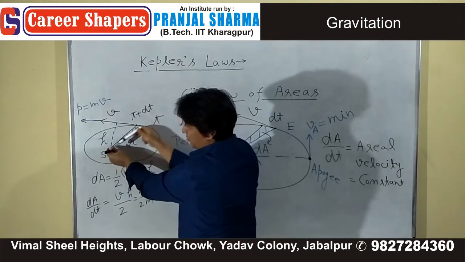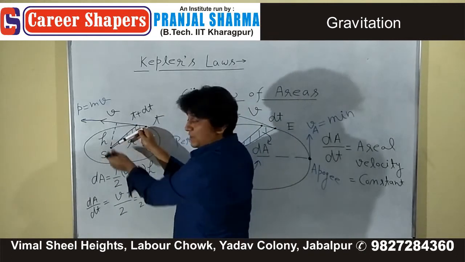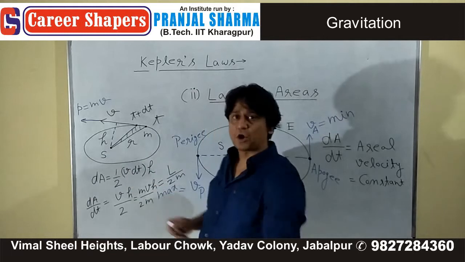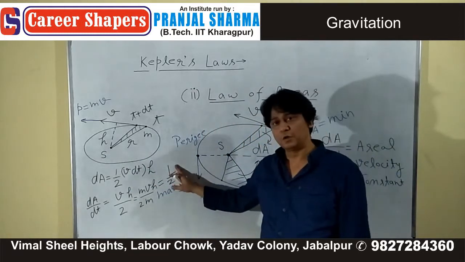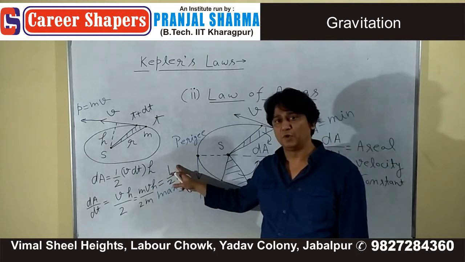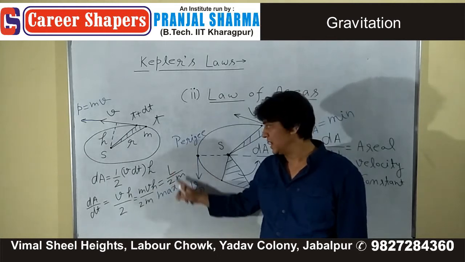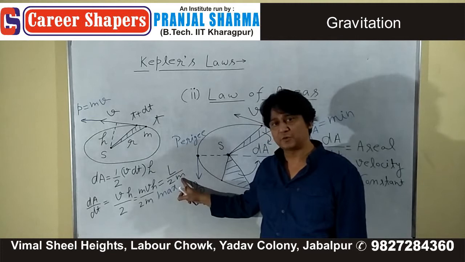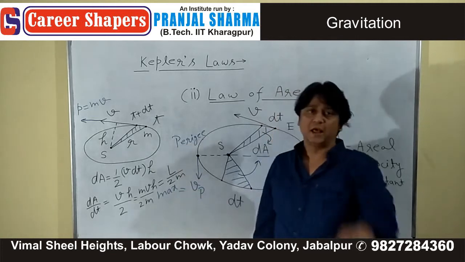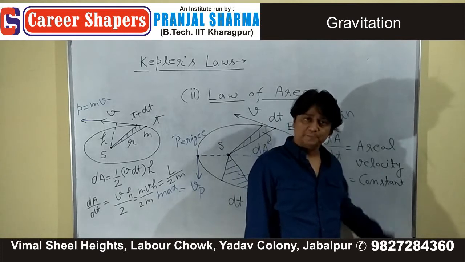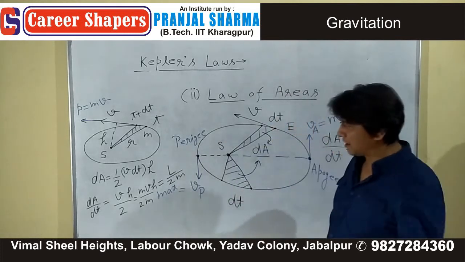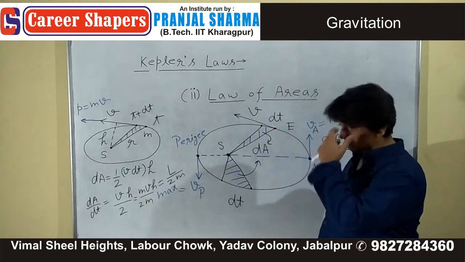So, as the gravitational force passes through the axis of rotation, its torque is 0. And when torque is 0, you know that angular momentum will remain conserved. L is constant, m, the mass of the planet, is also constant, and that gives us a constant areal velocity.